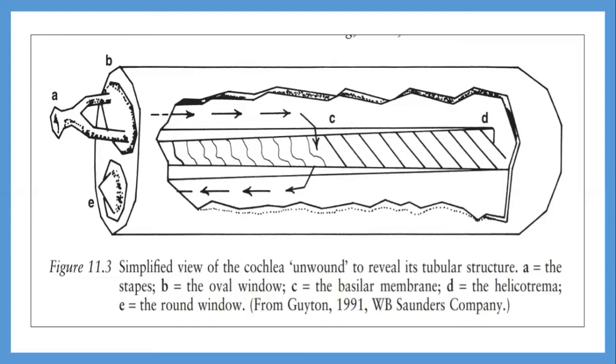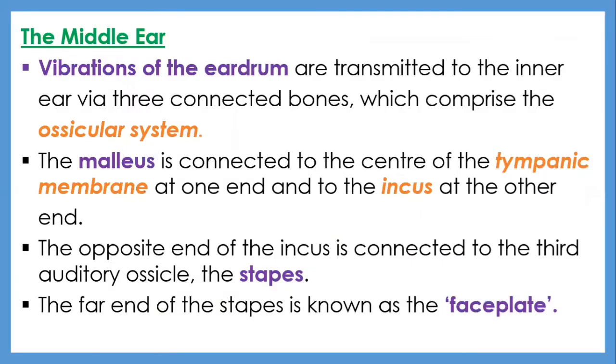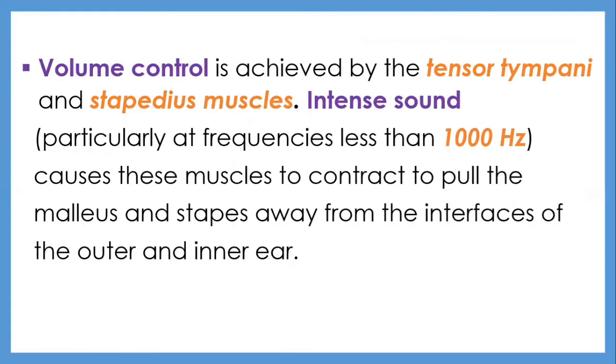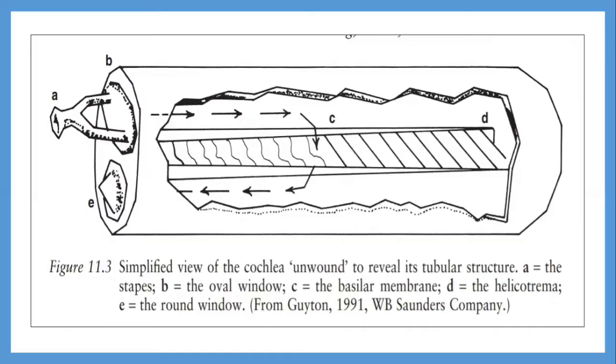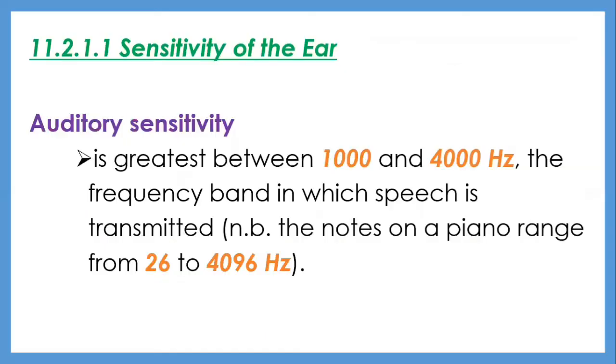Now, we will be discussing the next key subtopic, and that would be the sensitivity of the ear. Under this we have the auditory sensitivity. Auditory sensitivity is greatest between 1,000 and 4,000 hertz, the frequency band in which speech is transmitted.